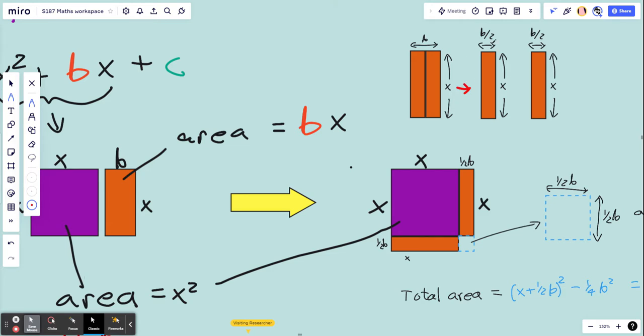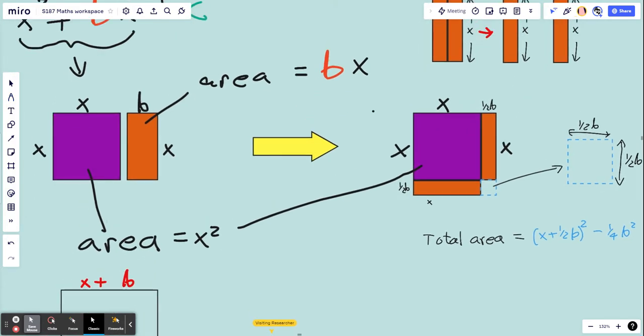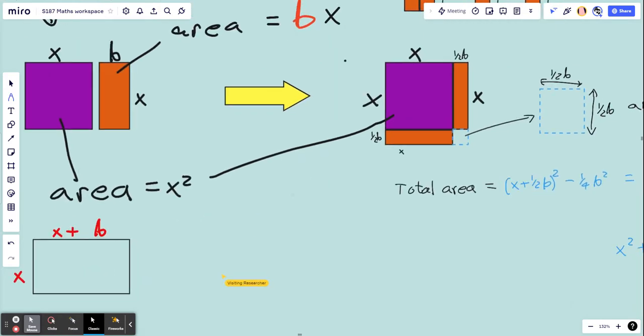And the dimensions, therefore, will be not b times x, but a half b multiplied by x, and another half b multiplied by x. Now, the reason we want to do that is because we're going to move one of them down here. And now it's nearly a square, isn't it? It's nearly a square apart from this little bit up here, because this is going to be x plus half b.